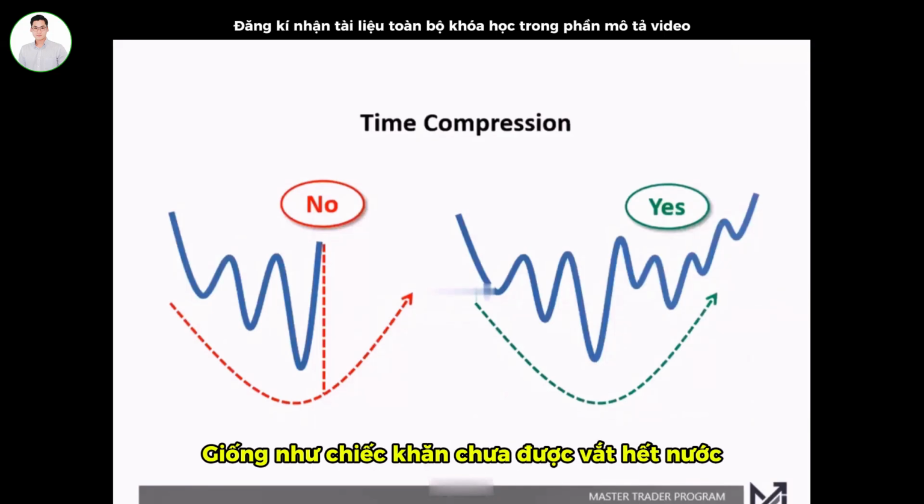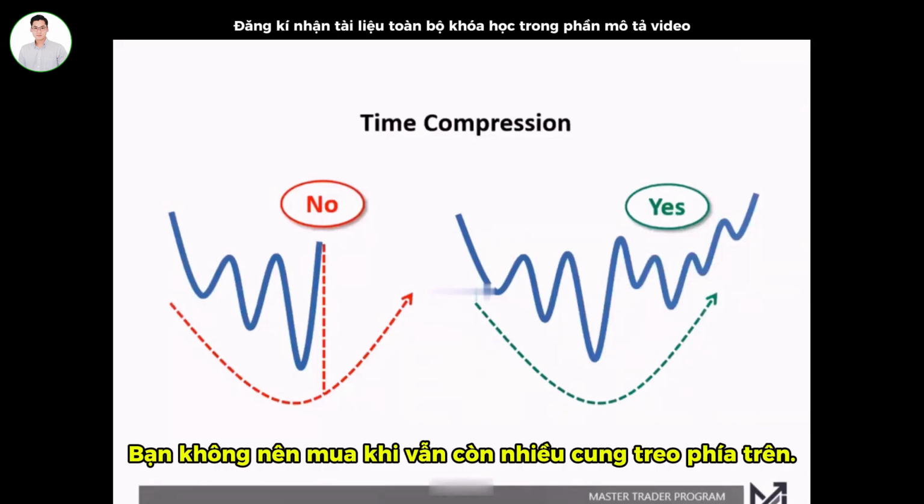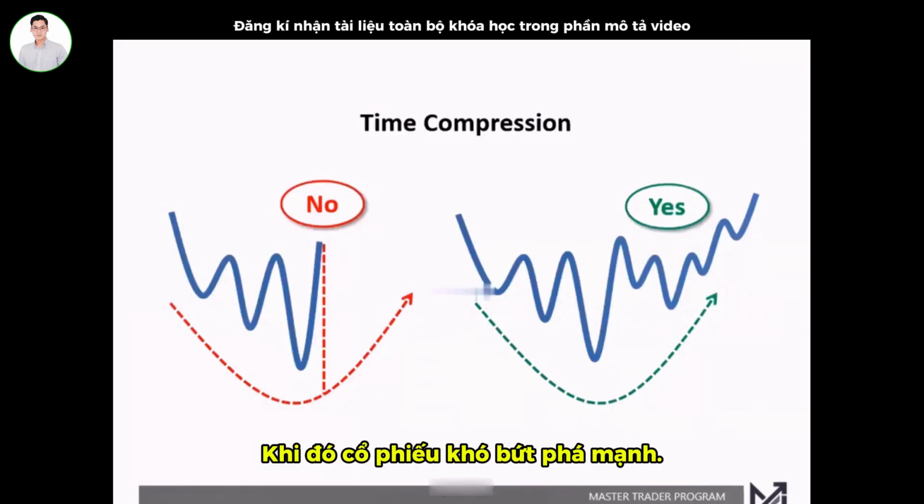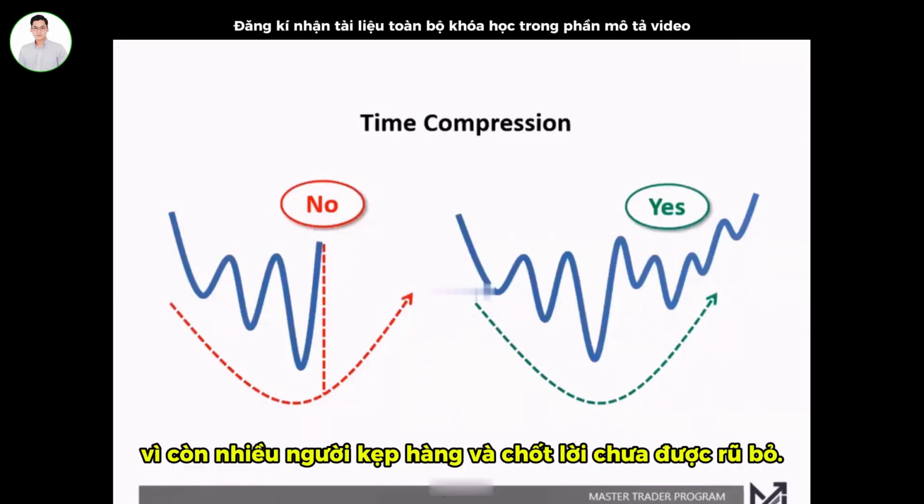You haven't let the towel wring out all the water. So you don't want to buy the stock, or the towel, if you will, when there's still a bunch of water in it, because you've still got a lot of supply, and the stock can't take off and make a big move, or the probability is a lot lower because you've got this supply that will hold it back.